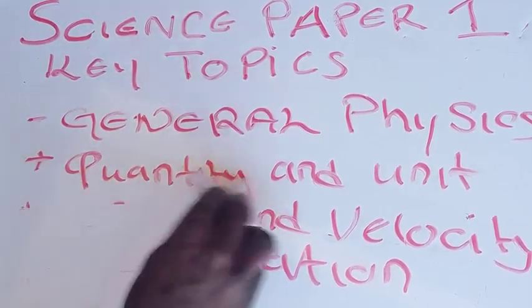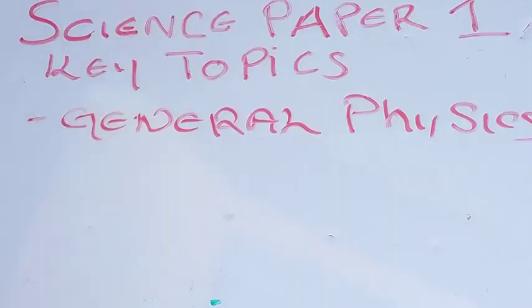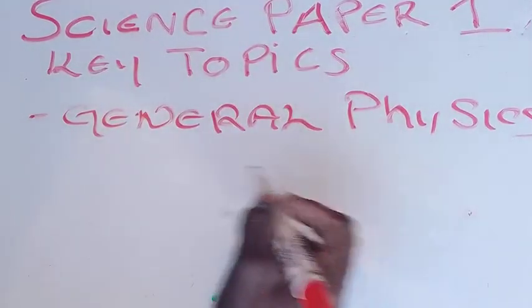I don't want to waste much time on this because I know you know these things. I just want you to revise and go through. Then the fourth one is mass and weight under general physics.